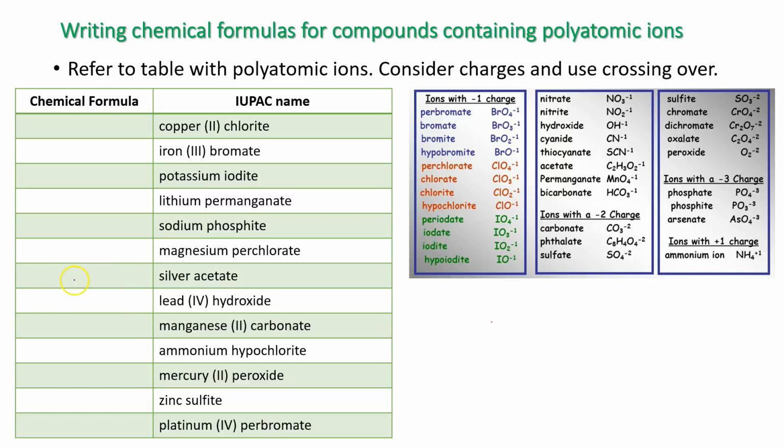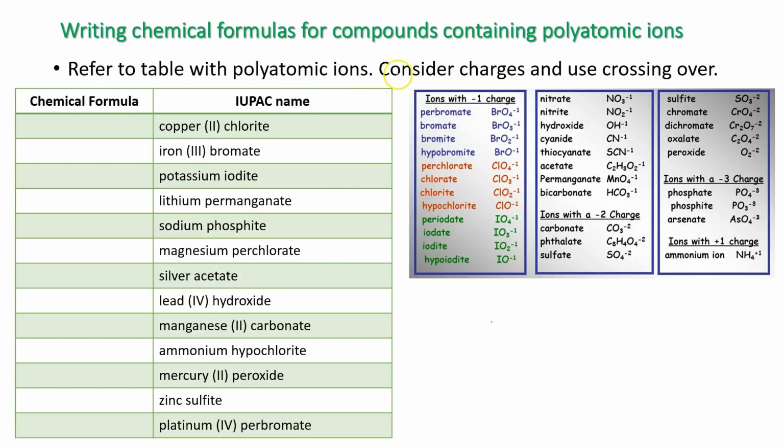So when you're first starting out in naming compounds with polyatomic ions, it's important to refer to a table. The table should tell you the names of the different polyatomic ions that are out there, the symbols for them, as well as the charges that each polyatomic ion has.